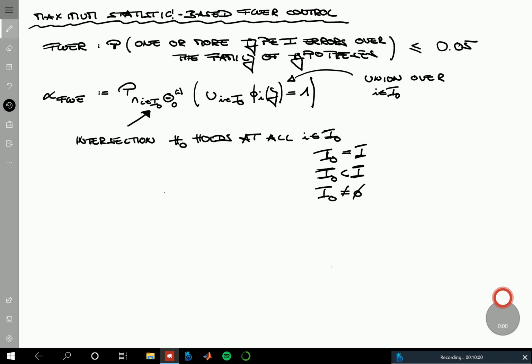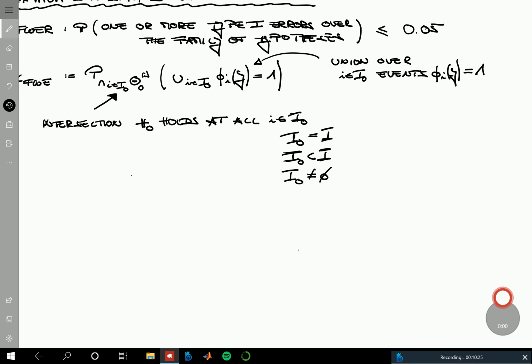So these are, of course, again, all the indices where the null hypothesis holds. And now we have the event phi y equals 1. So this is, of course, the test outcome that rejects the null hypothesis.